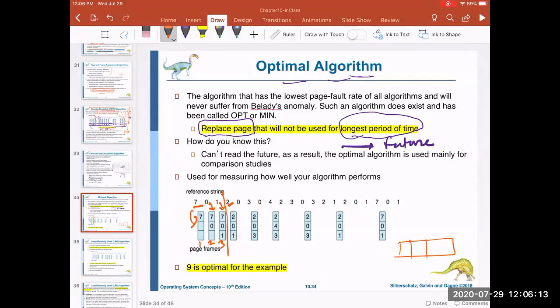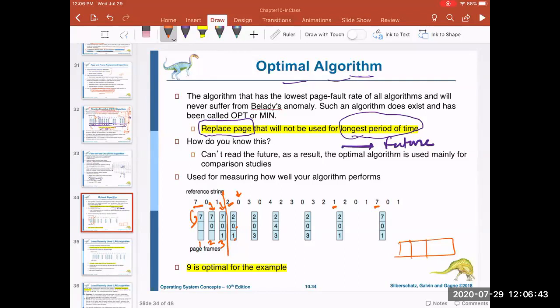Now we have to see which one is not being used for the longest time. I start with 0. 0 is used just next to this frame. I say 1. 1 is used here. And what about 7? 7 is being used here. So which one is not being used for the longest time?